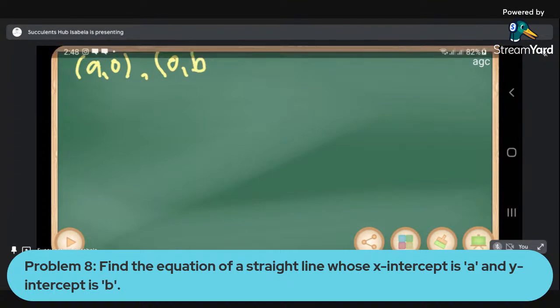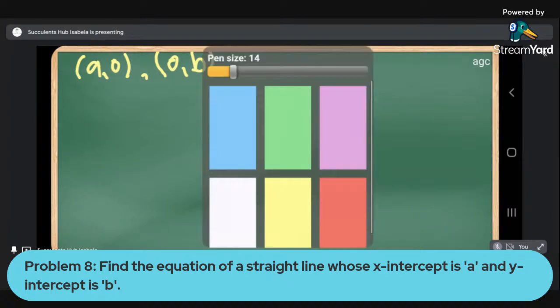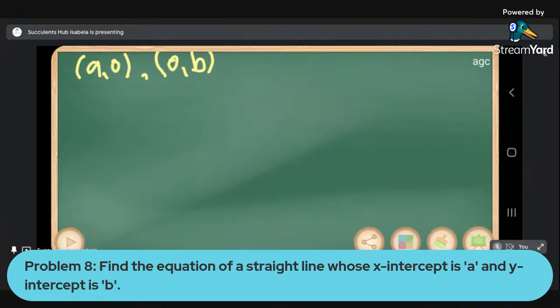Okay? Kung natatandaan nyo yung pinakita ko kaninang line, na x and y intercept. So here, eto, yan. Yan yung x-intercept. Nandun yung A na x-intercept. Nandito naman sa point na to yung ating y-intercept.